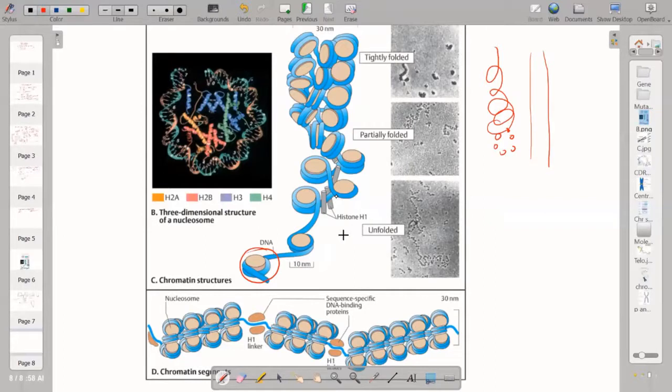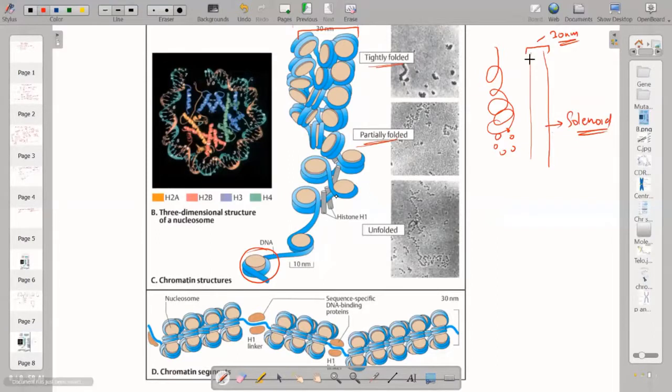Okay, so here you can see this is partially folded, this is tightly folded. And the diameter of this rod structure will be 30 nanometers. So that's the reason this rod is called a solenoid structure.